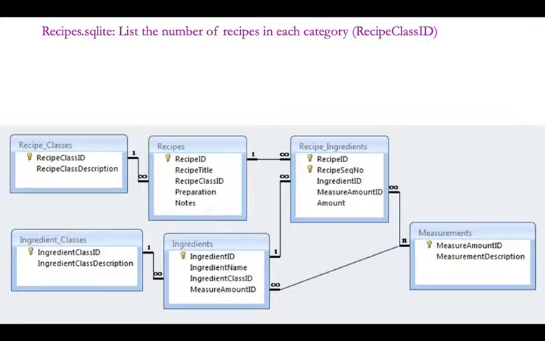Okay, so categories are here. I guess classes is really the word I mean. The classes are listed here, and for each one of these classes, there are multiple recipes. So there's like a many-to-one relationship, many recipes for each class. We want to count up all of the recipes in each class, right? So how would we do that?